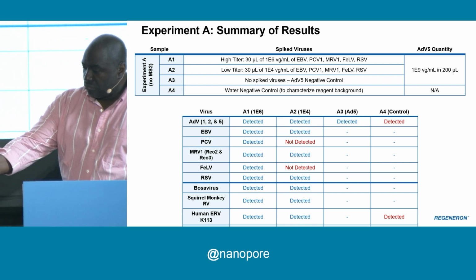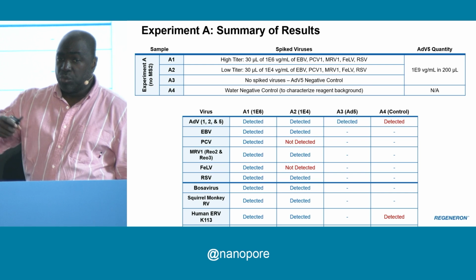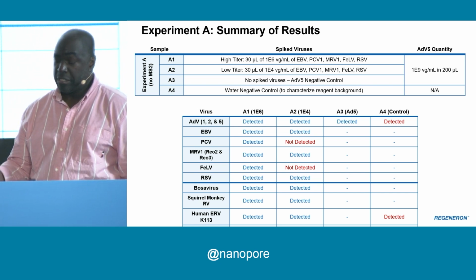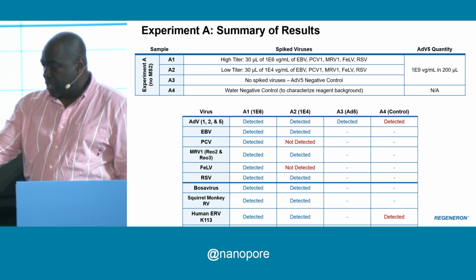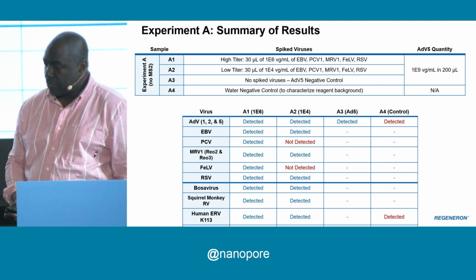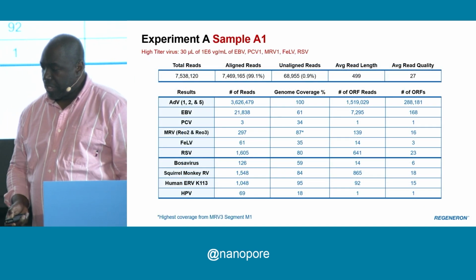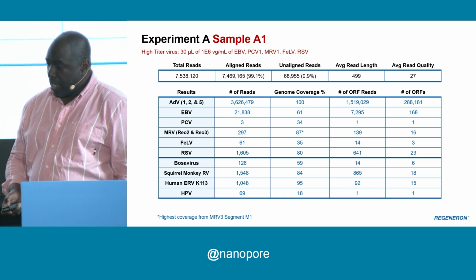We also noticed some reads that we detected but couldn't confirm with the ORF alignment, so we said that maybe the LOD is around that level. If we go into the detail, you can see the number of reads that we are getting.